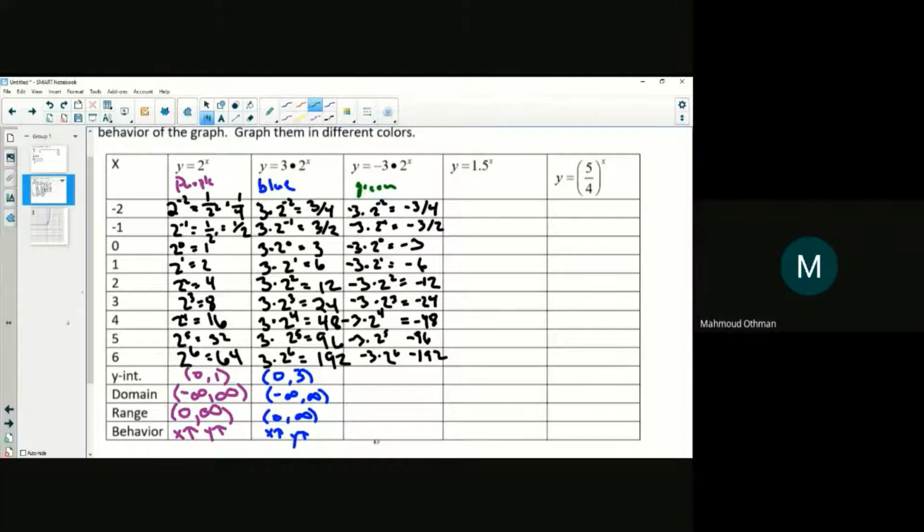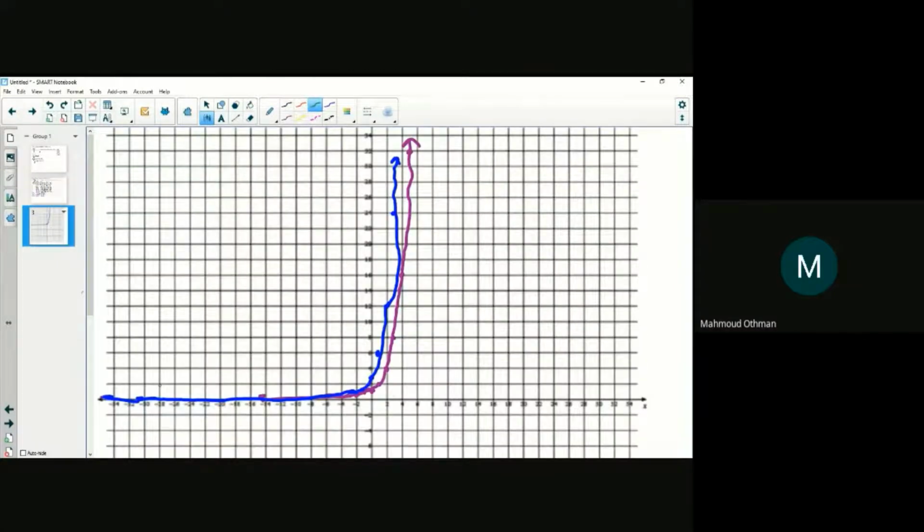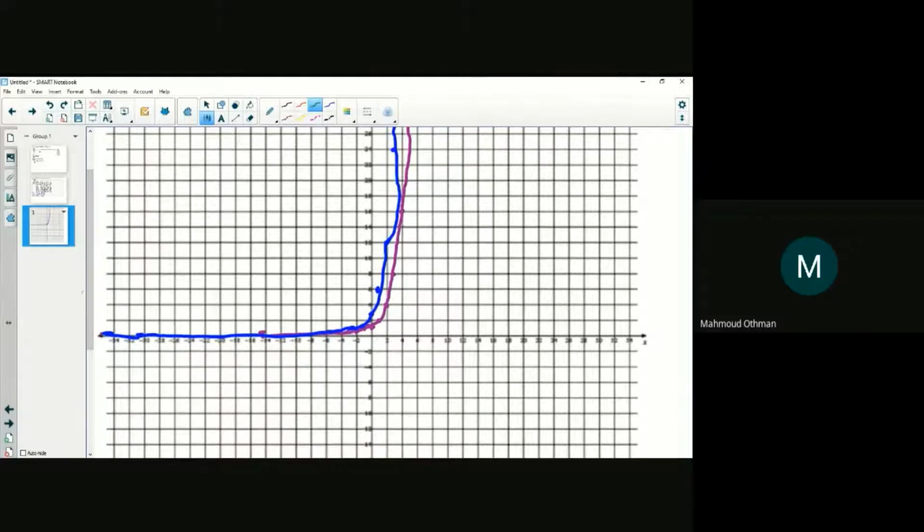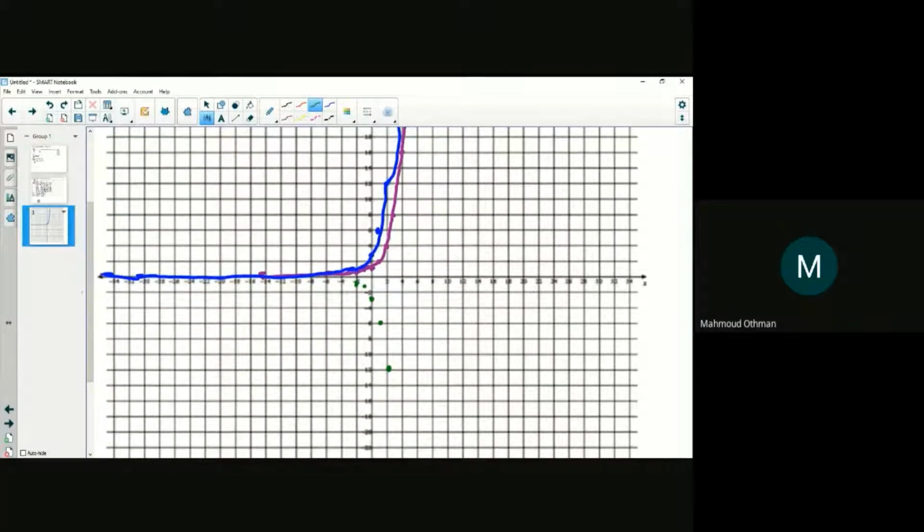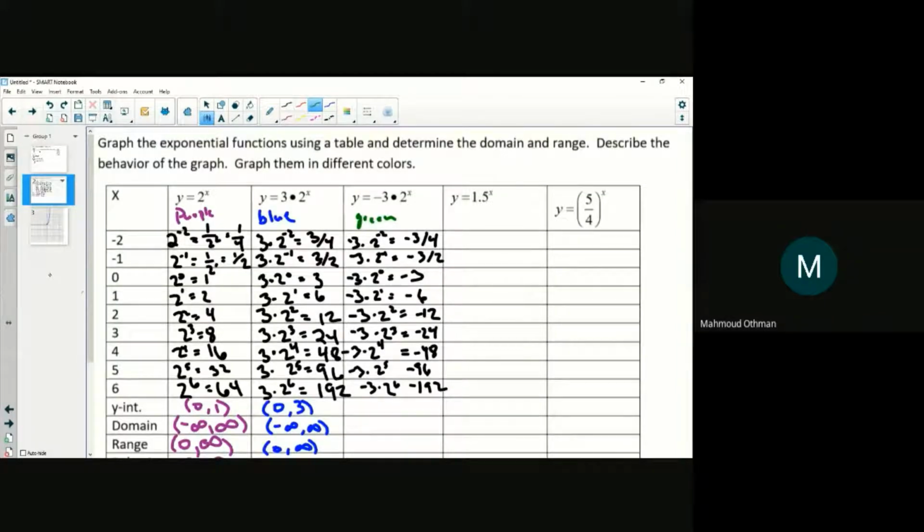Again, we're going to graph this guy in green. -2, comma, -3/4. -1, comma, -3/2. 0, comma, -3. 1, comma, -6. 2, comma, I believe -12. 3, comma, -24.